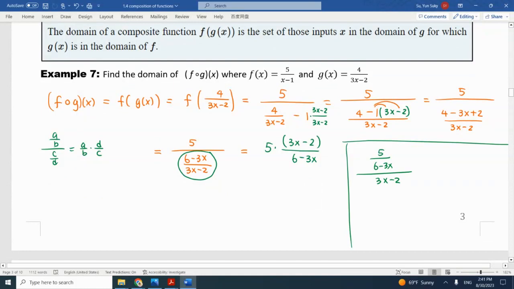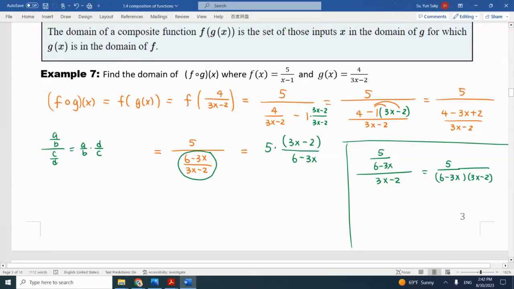If I make the bottom line longer, it actually means this is A, this is B, and this is C. Then this will mean A over B, and your C will be in the denominator. So this will be 5 over 6 minus 3x, and then the 3x minus 2 is in the denominator. So when you draw the line, make sure which one is longer. Is that okay, everybody?